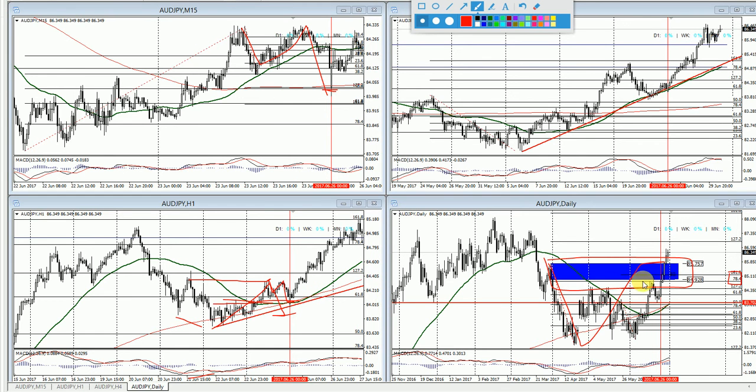The day chart shows the demand and supply zone, which is a resistance line. It may not be very reliable because of the trend line we found in the 4-hour and the hourly, plus the previous high being broken and the positive divergence. A lot of things are happening. This is a continuation pattern forming along with the trend.